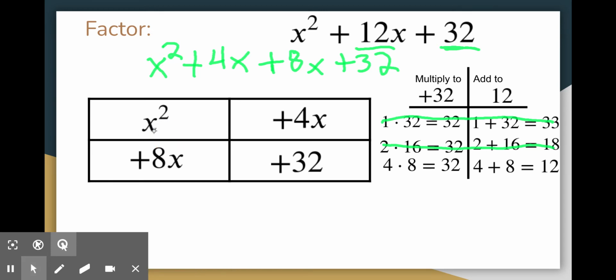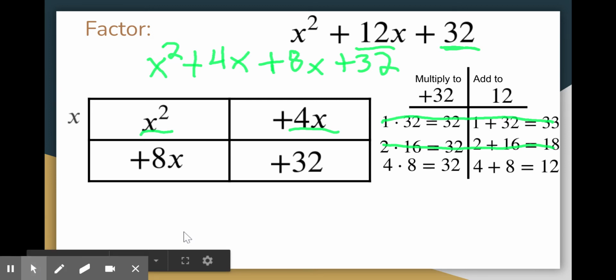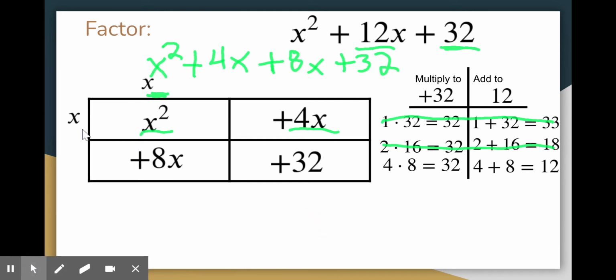I'm going to look at x squared and 4x. And the greatest common factor of x squared and 4x is x. And then I'm going to go up top here and add: what times x gives me x squared? Well, that's x. And then what times x gives me 4x? Well, that's 4.